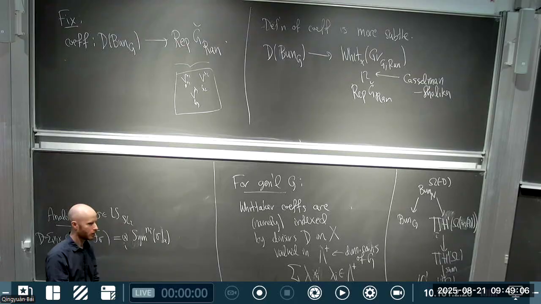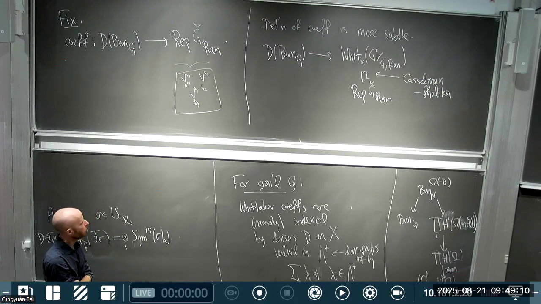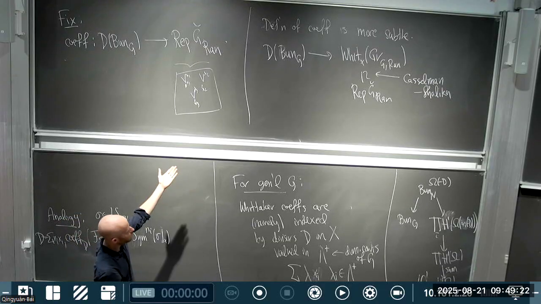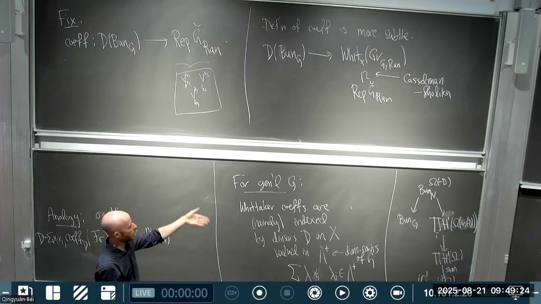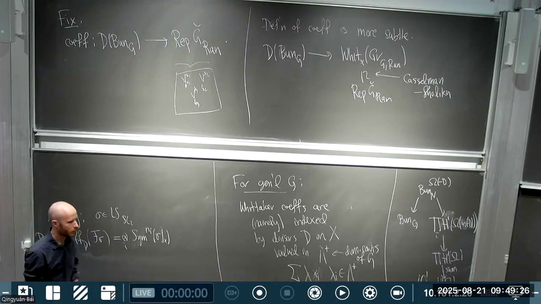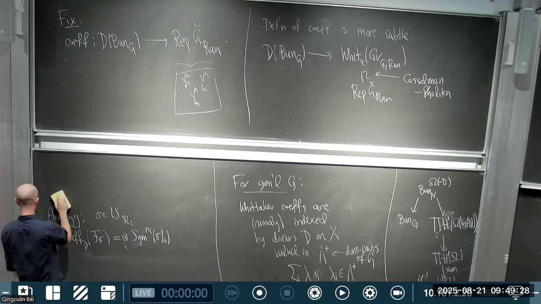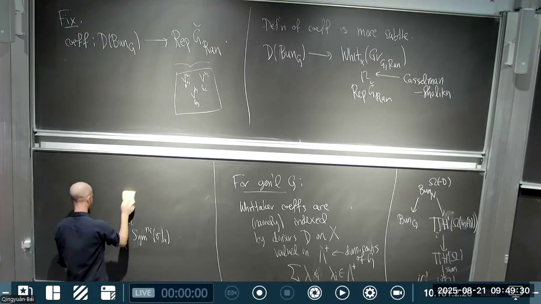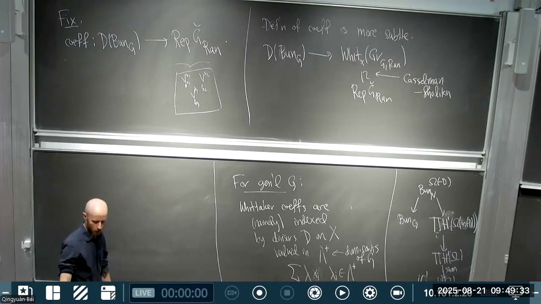Also, did someone say in an earlier talk that the adjoint to this functor is the coefficient functor? Yes, there's a left adjoint which is this Poincaré series operation. Rep G check Ran also acts on D of Bun_G, and you can think of it as acting on what I called the Poincaré sheaf.